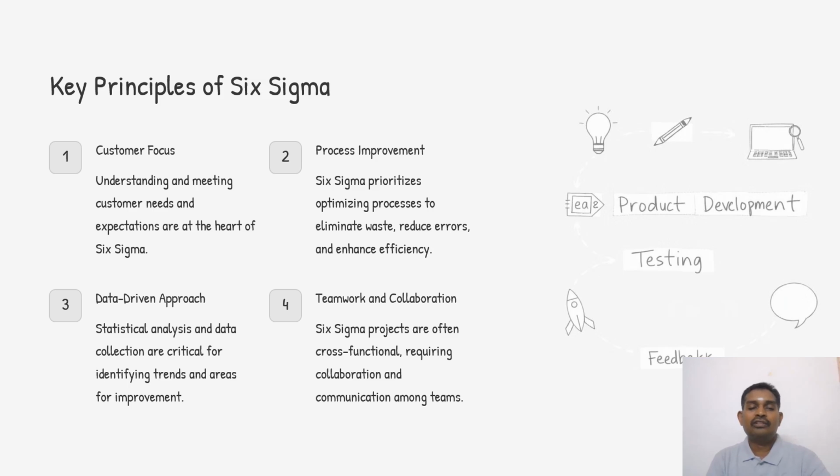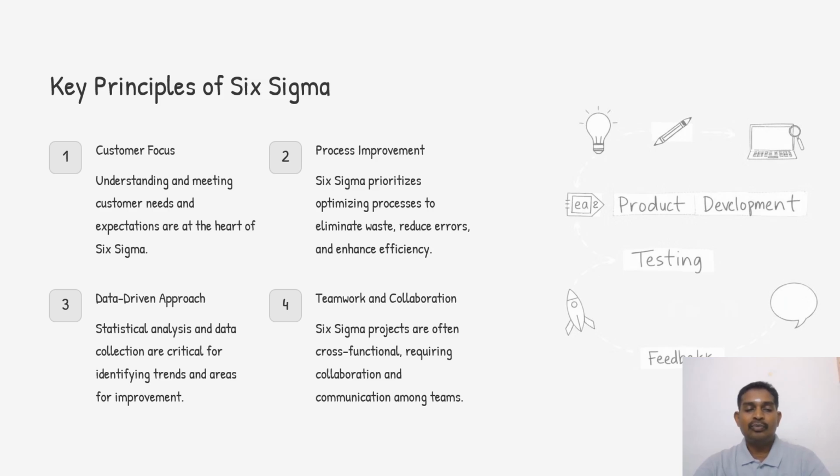Customer focus is understanding and meeting customer needs and expectations, which are at the heart of Six Sigma. Whereas in process improvement, Six Sigma prioritizes optimizing processes to eliminate waste, reduce errors, and enhance efficiency.